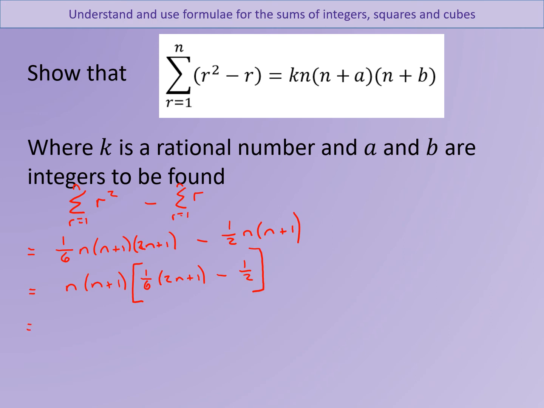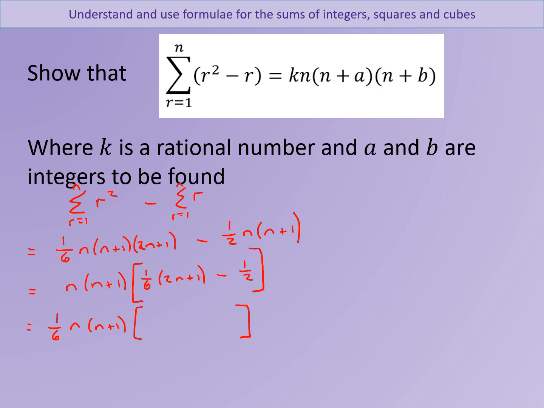Okay, so I'm aware that I need integers inside those square brackets, because the question says that a and b are integers. So I'm going to look at a sixth and a half and look at which fraction would be the best one to pull out there. I'm going to pull out a sixth from both. So if I factor out a sixth, I'm going to get a sixth n plus 1.